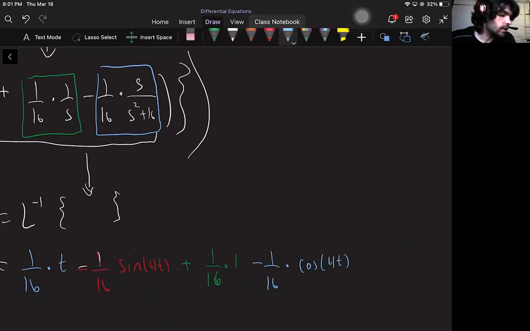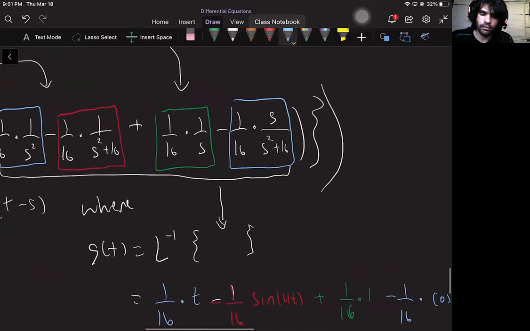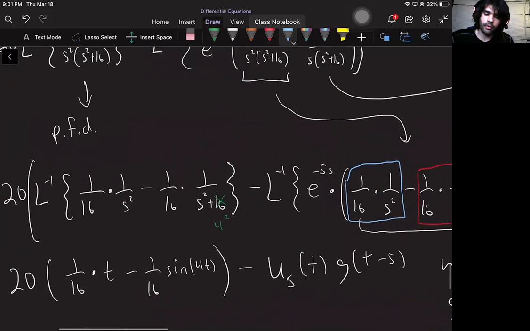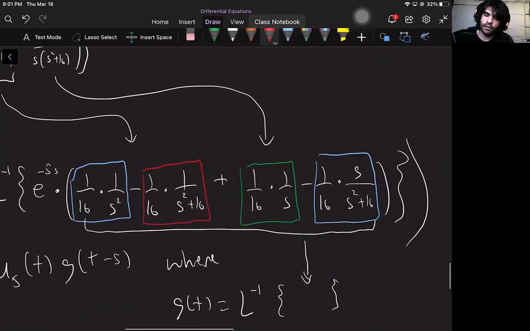Actually, I'm missing a factor of 4 somewhere. I just realized. Yes, let's go back a little bit. Sorry. So that table requires there, for sine, requires there to be a 4 up here. So if I want to put that 4 there, I also have to divide by 1/4. So this is times 1/4. Same thing will happen over here.